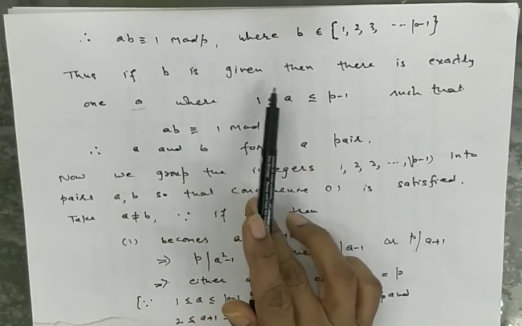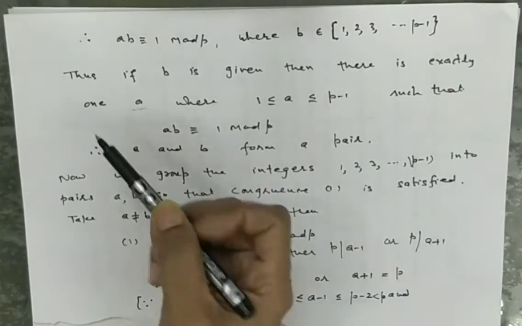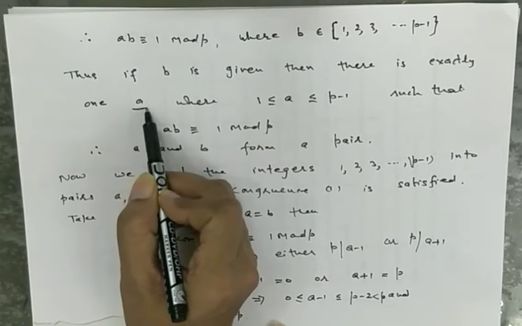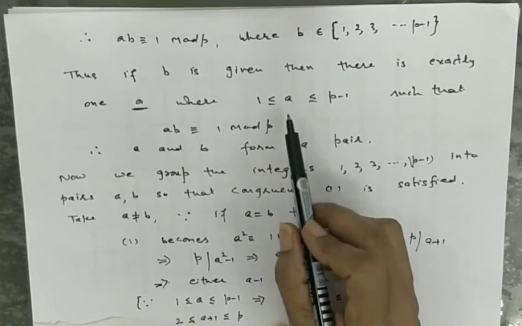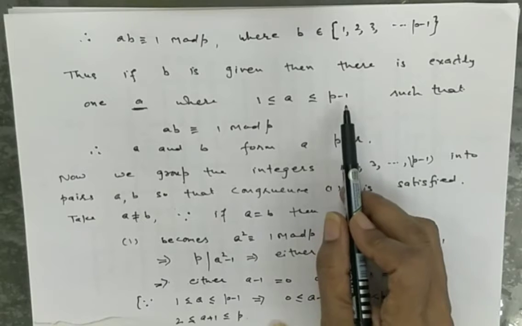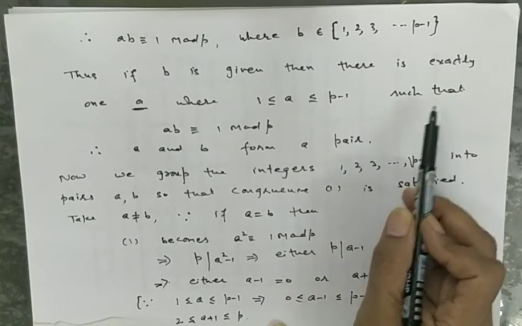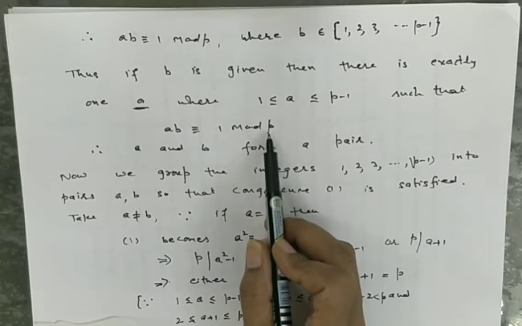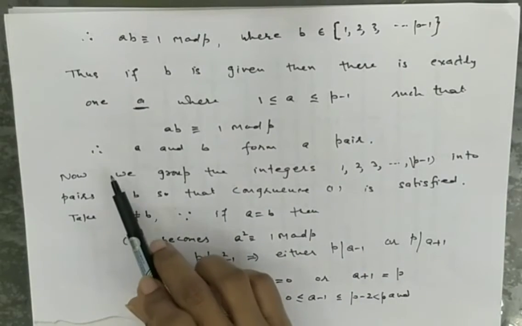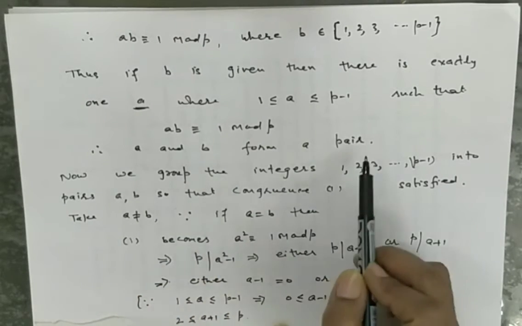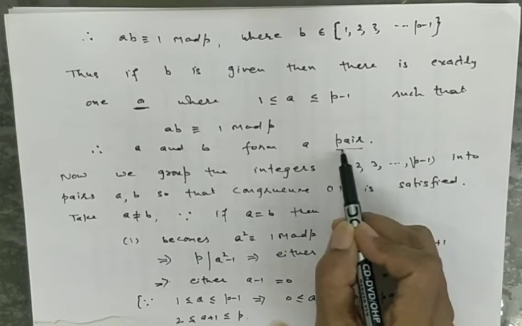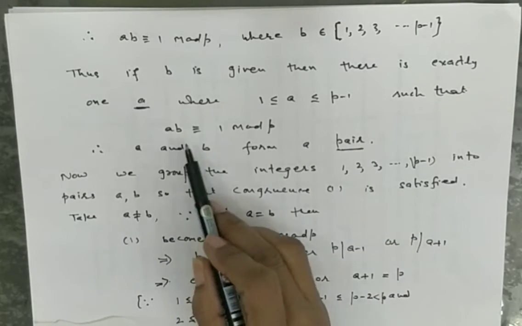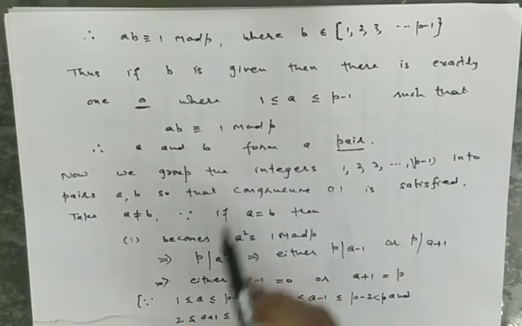If b is given, then there is exactly one a, where a is greater than or equal to 1 and less than or equal to p minus 1, such that ab is congruent to 1 modulo p. Therefore, a and b form a pair, such that ab is congruent to 1 modulo p.